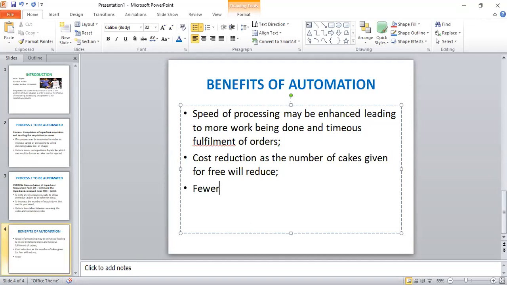Fewer errors can be made, which will improve quality of cakes. Remember, these are ingredients for the cakes, and you know that when the ingredients are wrong, we are likely to produce something that will be wrong.